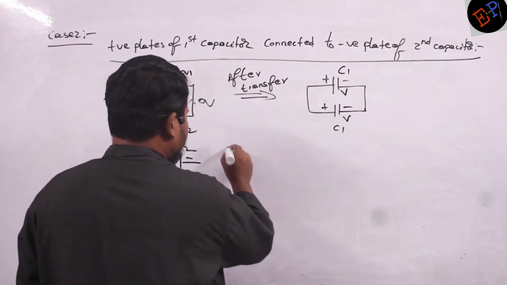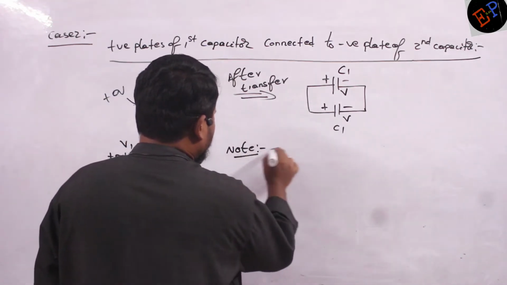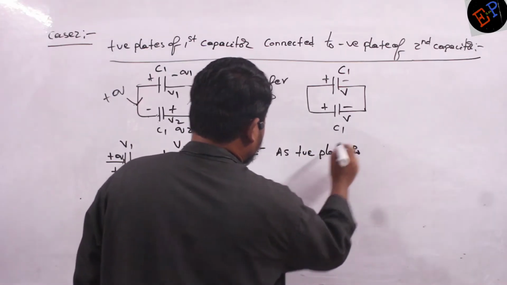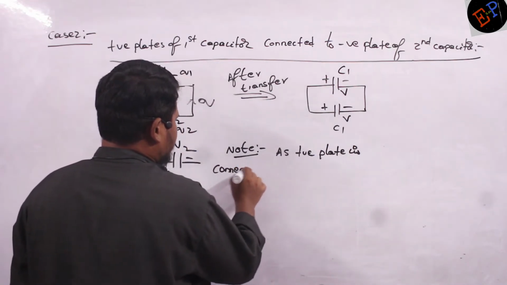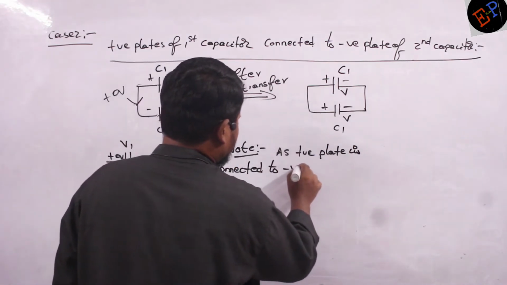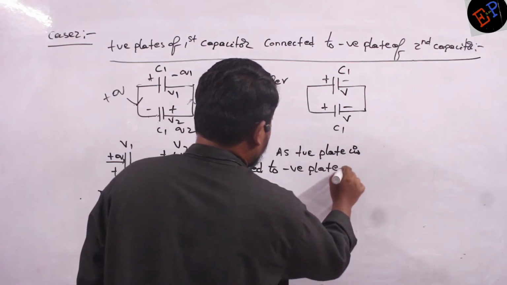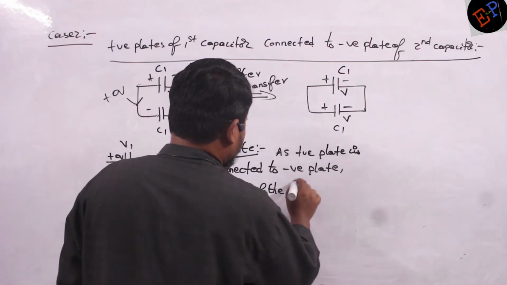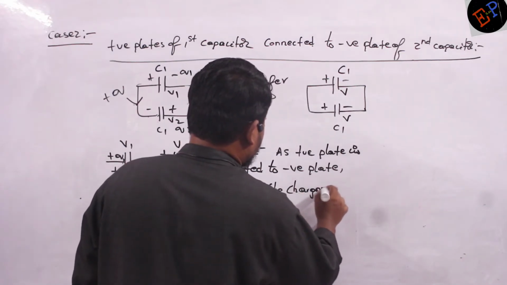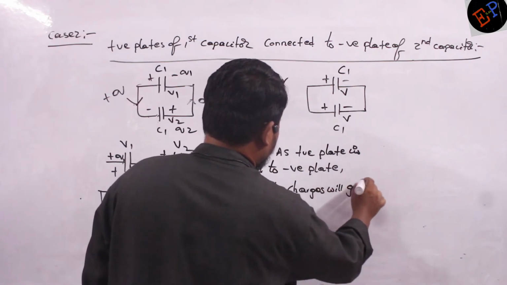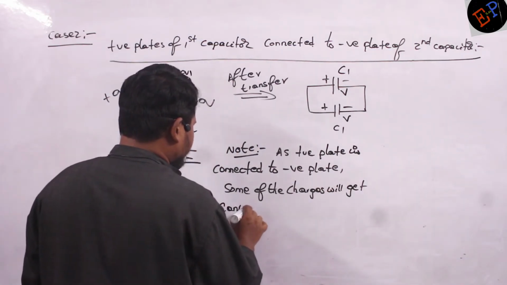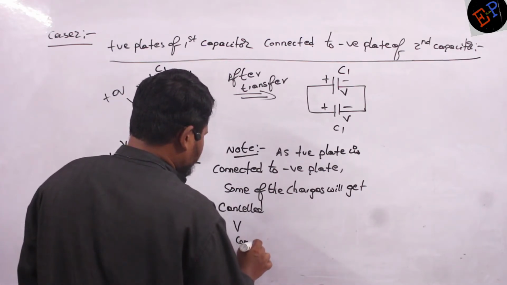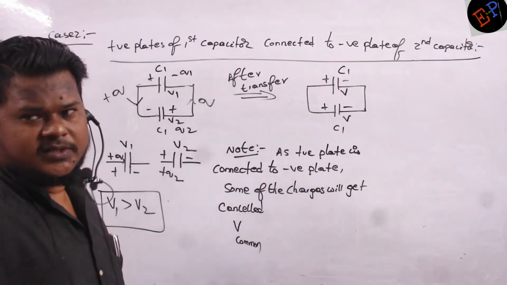So what are the note points here? We have to write note points: as positive plate is connected to negative plate, some of the charges will get cancelled, and again same concept, this redistribution of charges will occur until you reach a common potential.